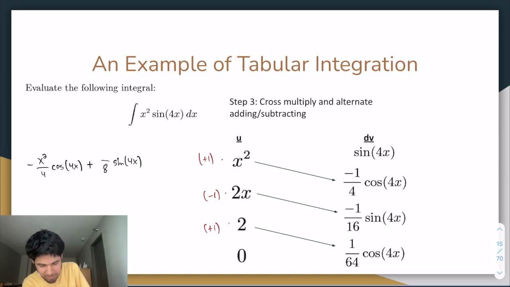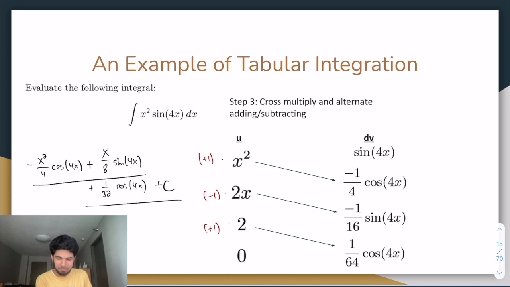So positive x over 8 sine of 4x. Now they're combined together, we're adding them together. And the last term, positive 1 times 2 times 1 over 64 cosine of 4x. So that will be plus 1 over 32 cosine of 4x. Don't forget your plus c. And in fact, that right there is your answer.